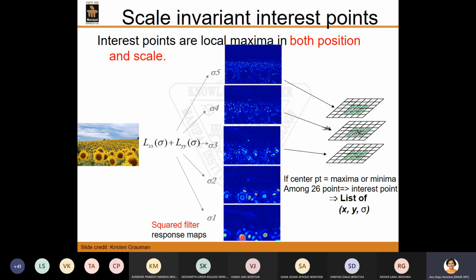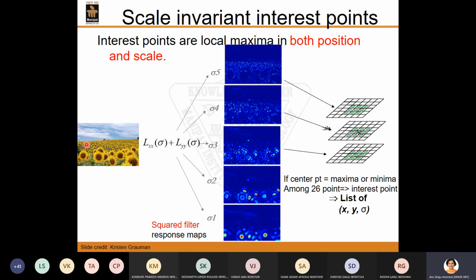It shows the red color over here. All sunflowers or all objects which have exactly the same blob diameter as represented by the LOG operator with sigma 1 will have a high value.